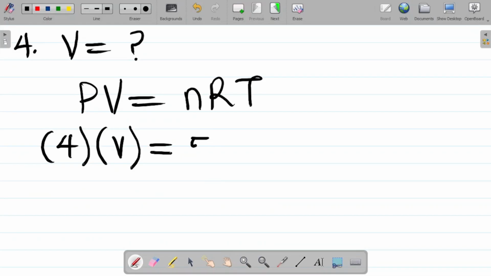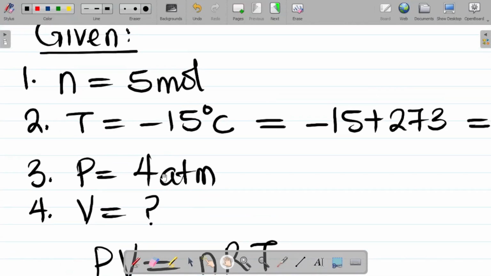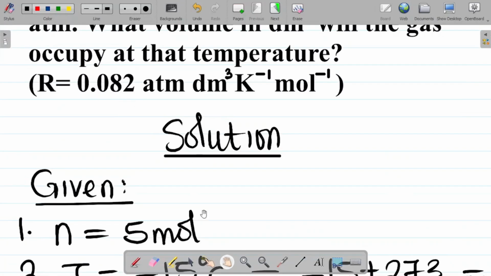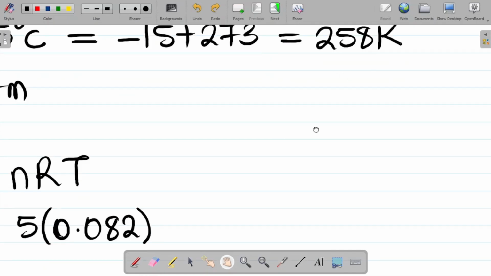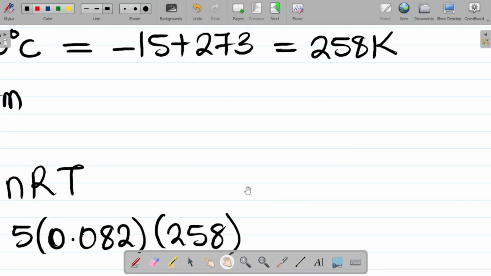That becomes 5 into R. R is 0.082. That's the value of R, a constant. Then finally, we have the value of the temperature converted to Kelvin. You have 258, so 258 Kelvin as your temperature.